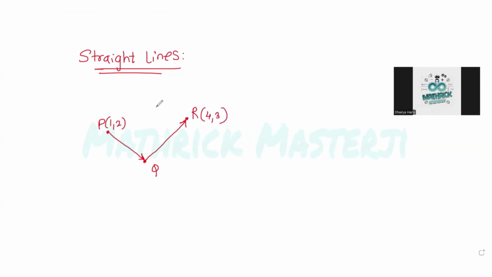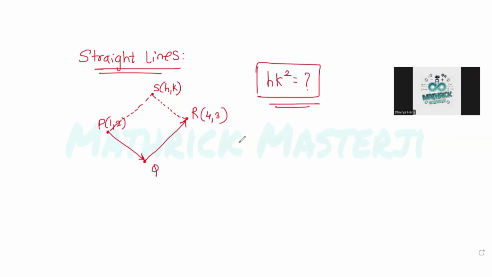The question says that if the point S, which is (h, k), is such that PQRS becomes a parallelogram, then the question is asking me to figure out the value of hk squared. That's the question asked here.